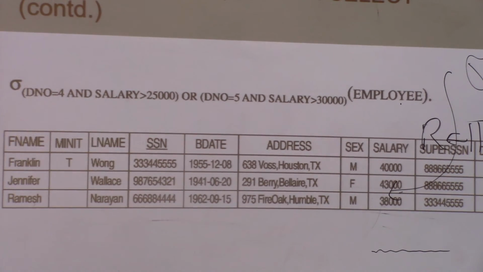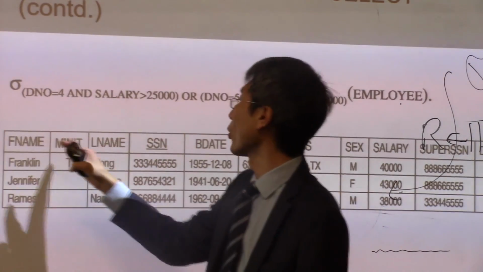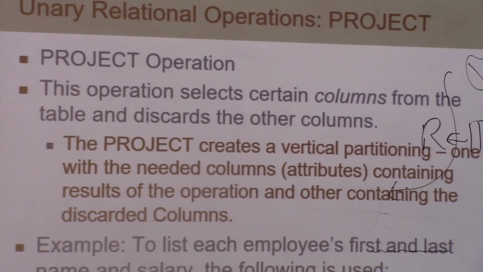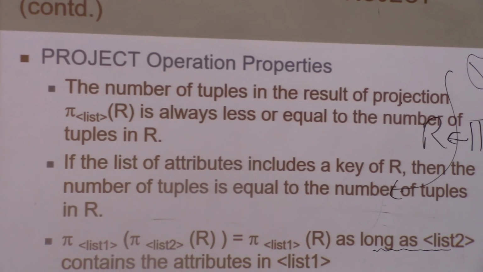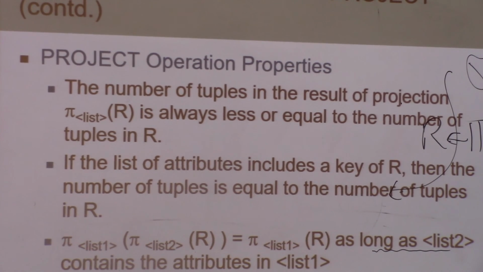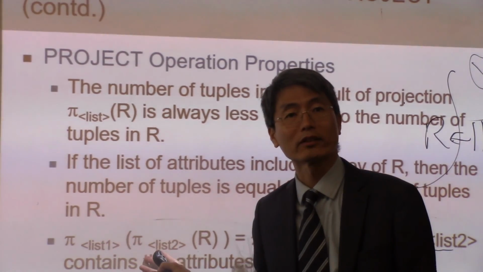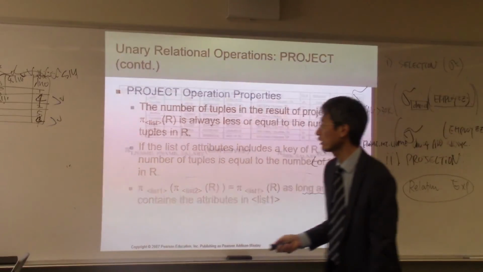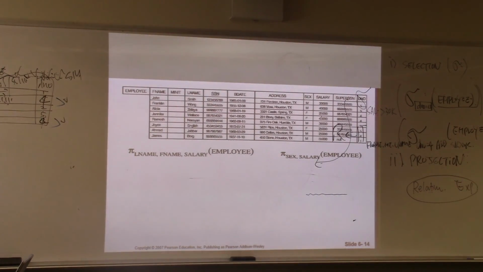The output of this is also a relation. And you can also use the projection if you want to specify only the name. You can list the attributes. The projection is also commutative. You can combine or separate. Okay, so we will see the next one. Any questions?